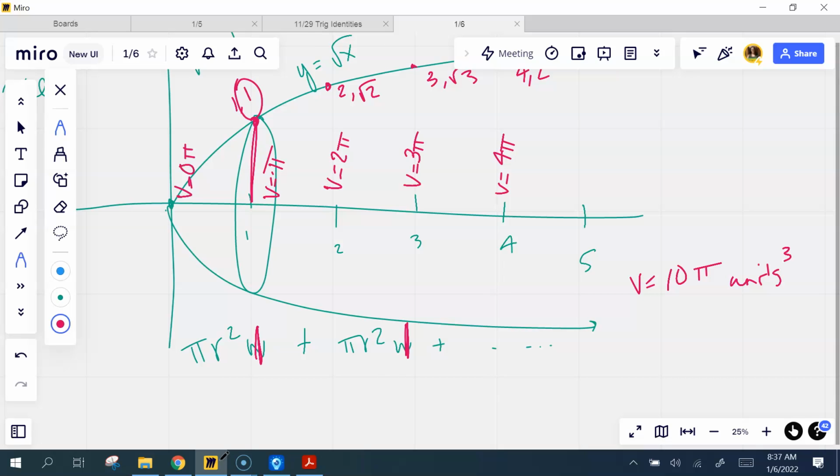Multiply it by what? 4? Oh, yeah, so, yeah, 19.